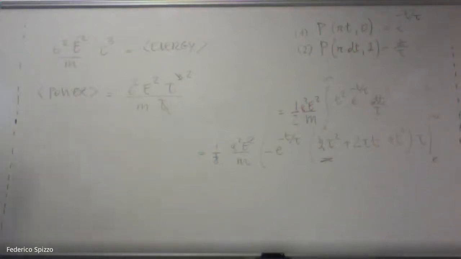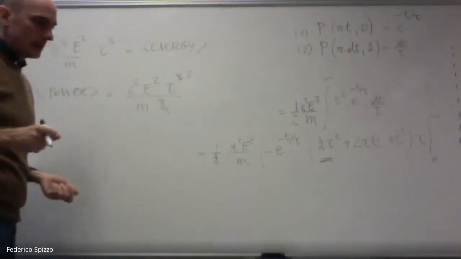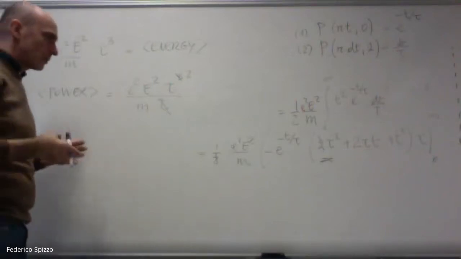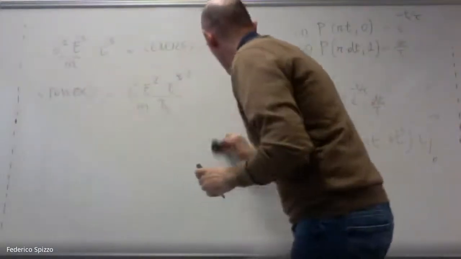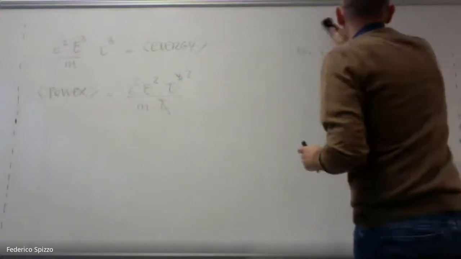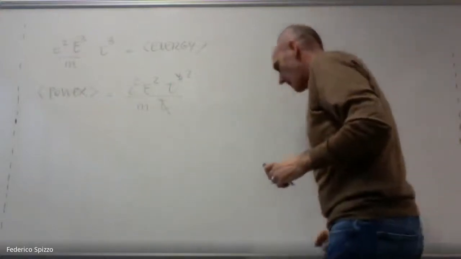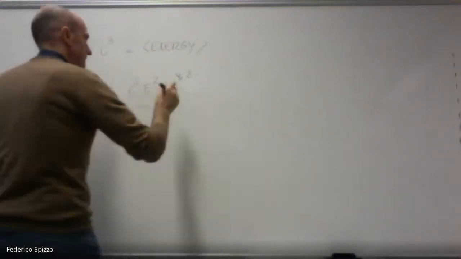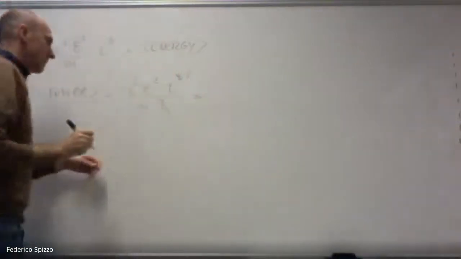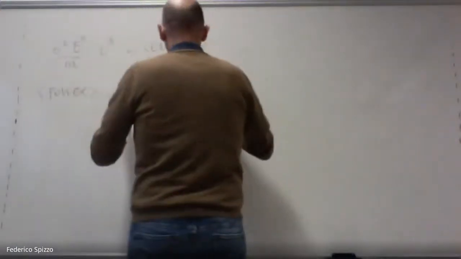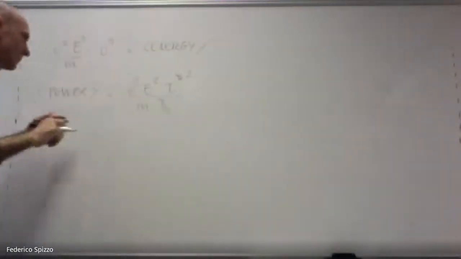And in this case, the point is what happens when we consider not the contribution of the single electron, but the contribution of the volume. So let's do the calculation for all the electrons.